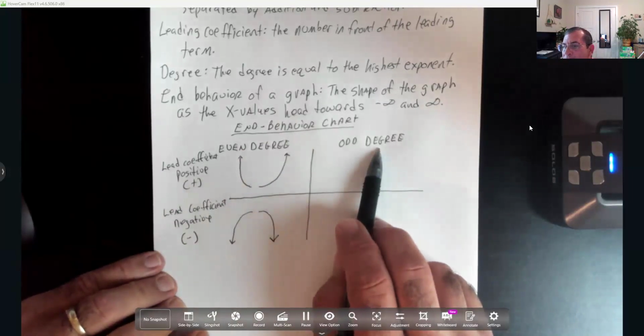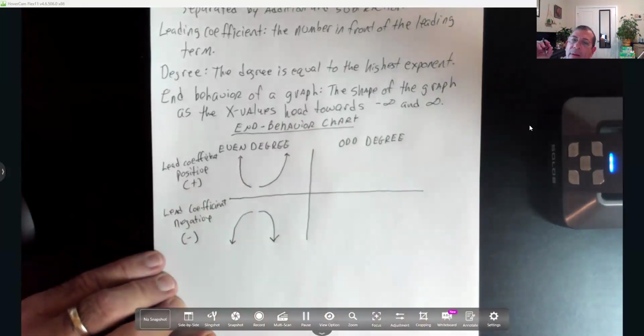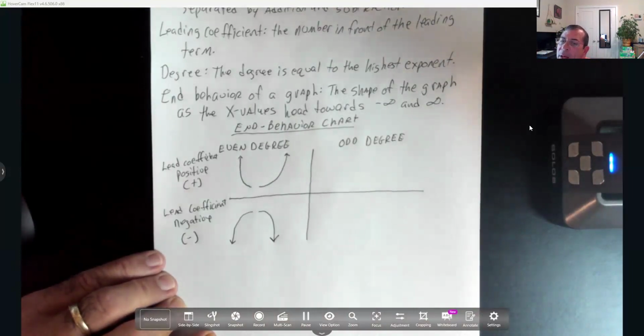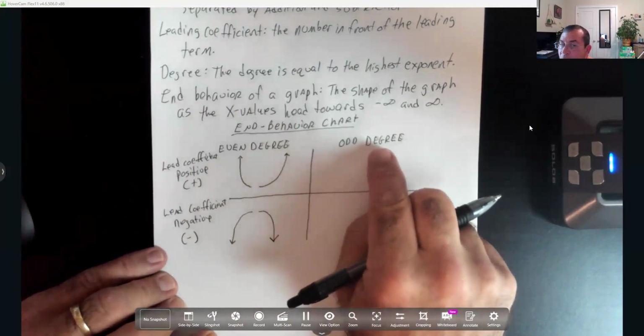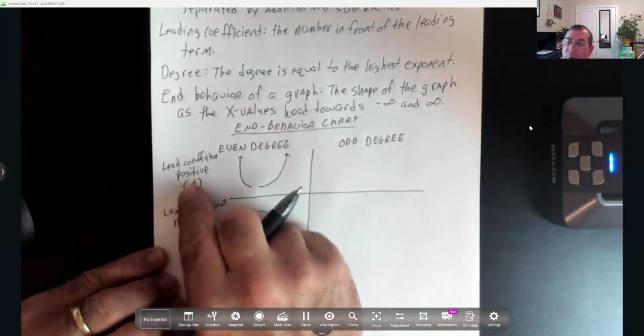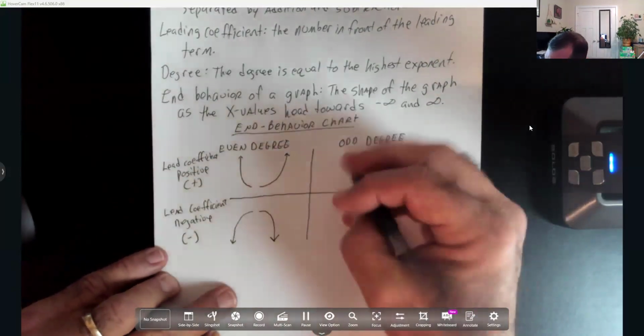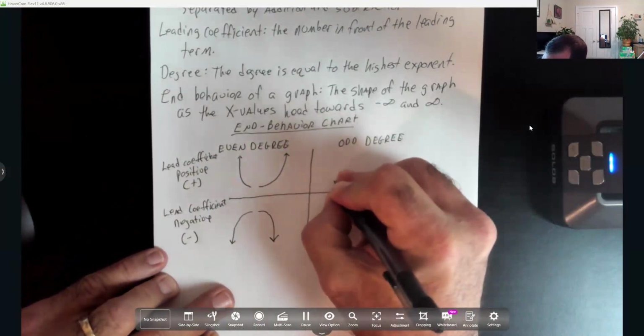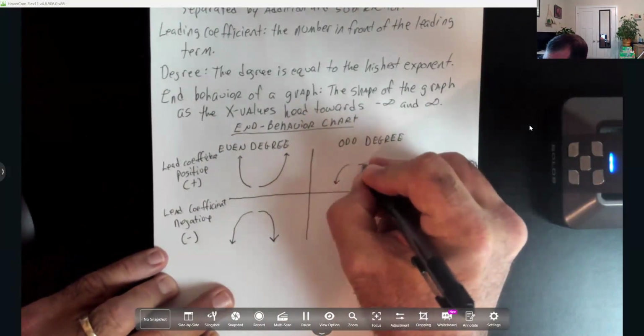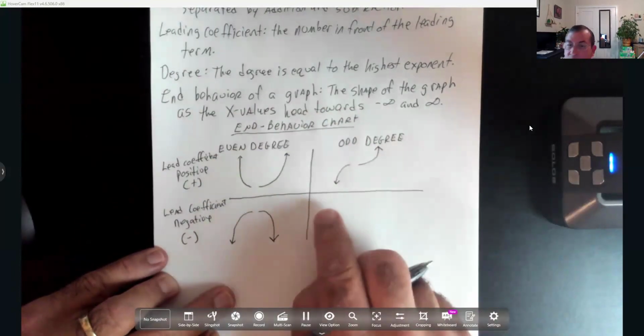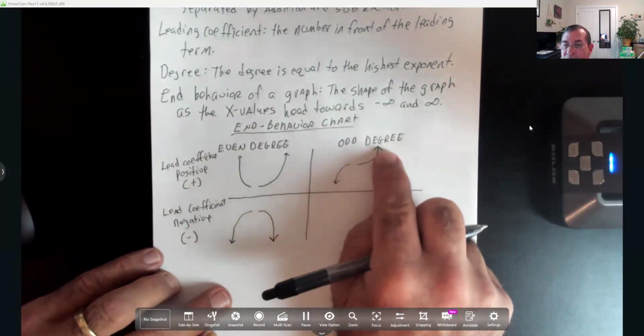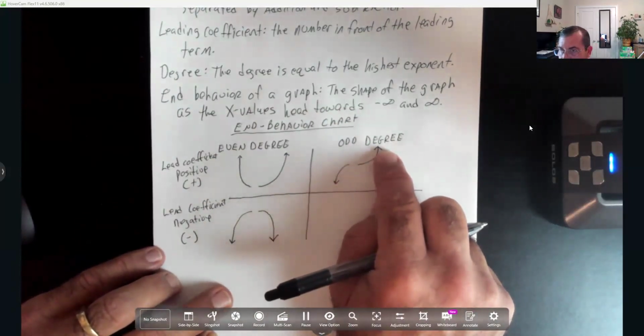But what if we got an odd degree? So odd degrees are what we call odd functions, remember? And odd functions were symmetric to the origin. So if we got an odd degree that has a positive lead coefficient, these graphs are going to go uphill, left to right. Okay.